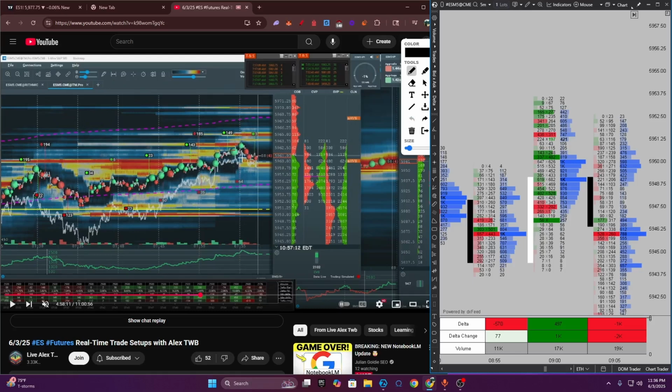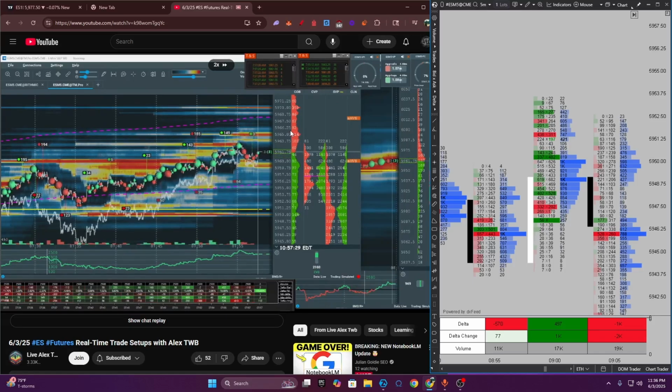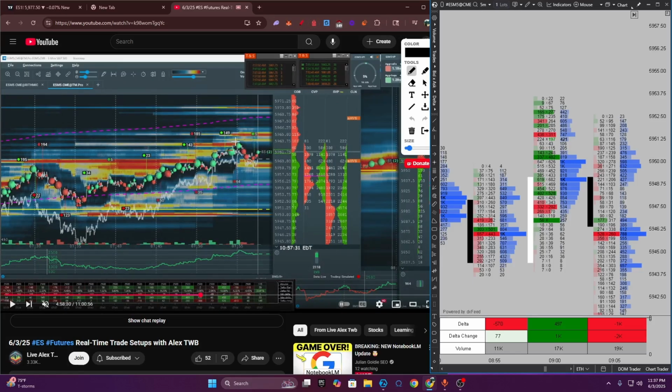So now what I'm noticing finally is that price has broken through. We made a retracement, and now as you'll see soon, just wait. As you see here, price came down to this barrier and started to show reaction.